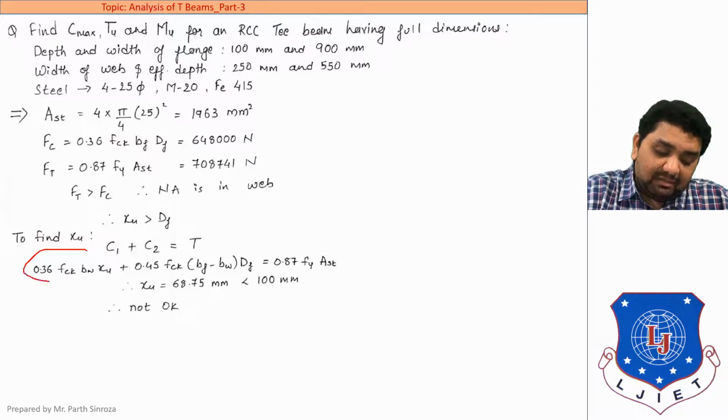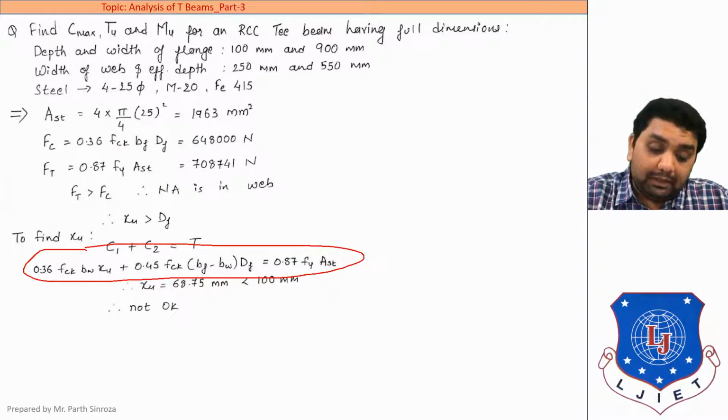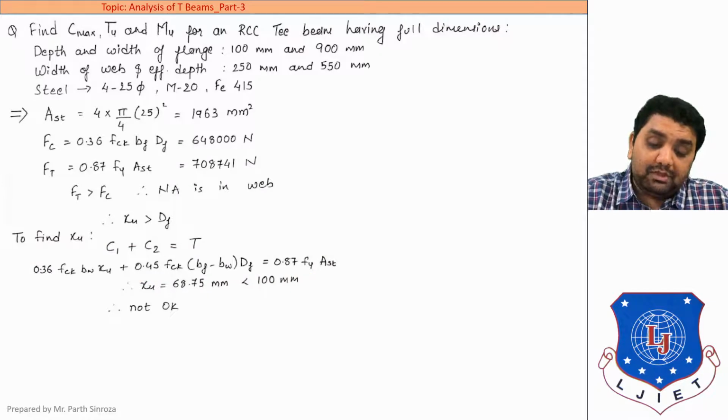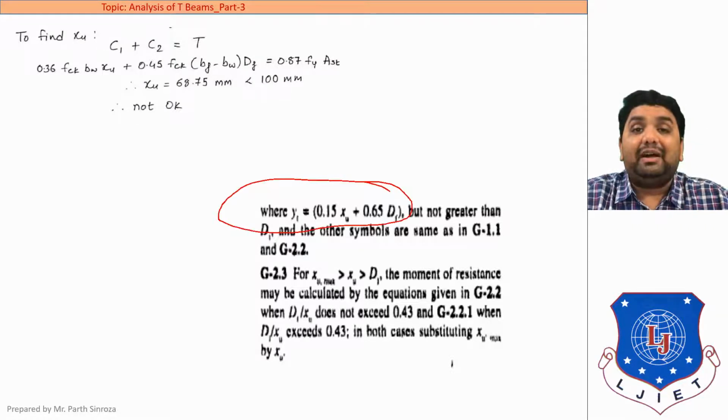We will use the same equation to find the value of XU again, but now we will be using something pertaining to our IS code. That is, we will be using the equation of YF. In the last lecture we discussed the difference between YF and DF. DF is the depth of flange, whereas YF is the effective depth of flange.